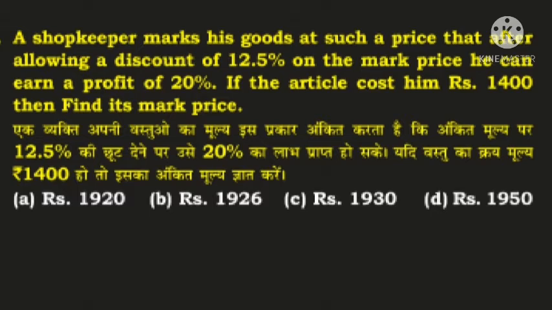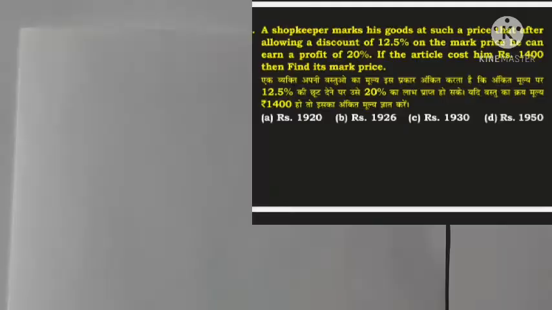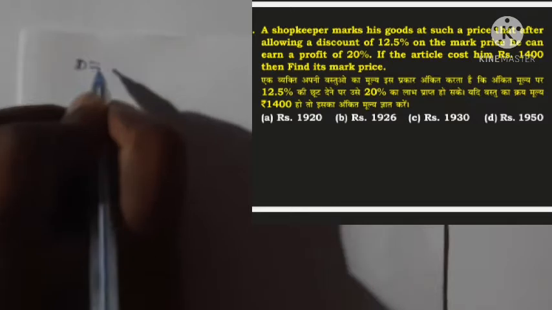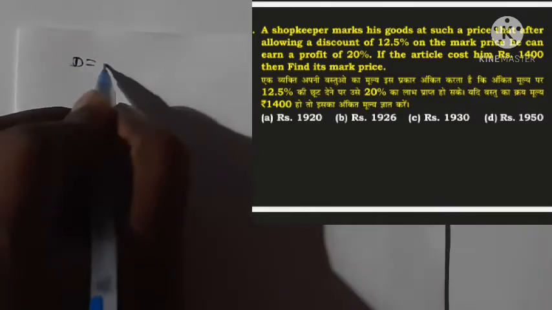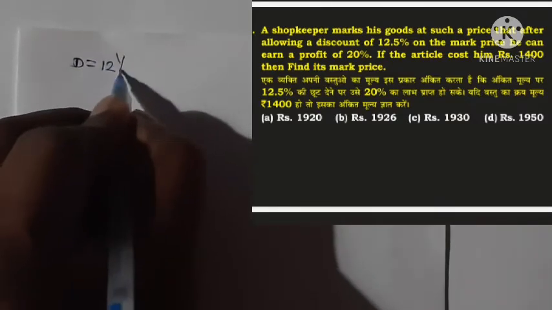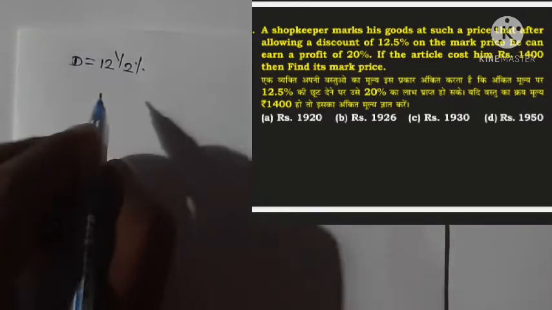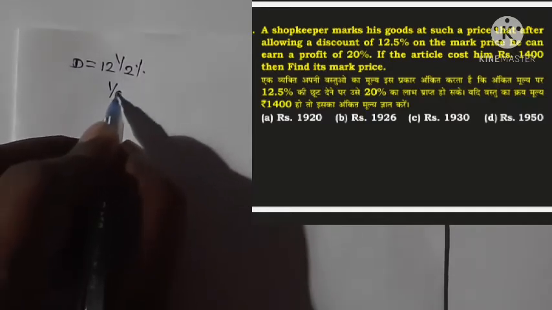A shopkeeper marked his goods at such a price that after allowing a discount of 12.5% on the market price, he can earn a profit of 20%. If the article cost him rupees 1400, then find its market price. If the discount is equal to 12.5%, 12.5 can be written as 1 by 8.